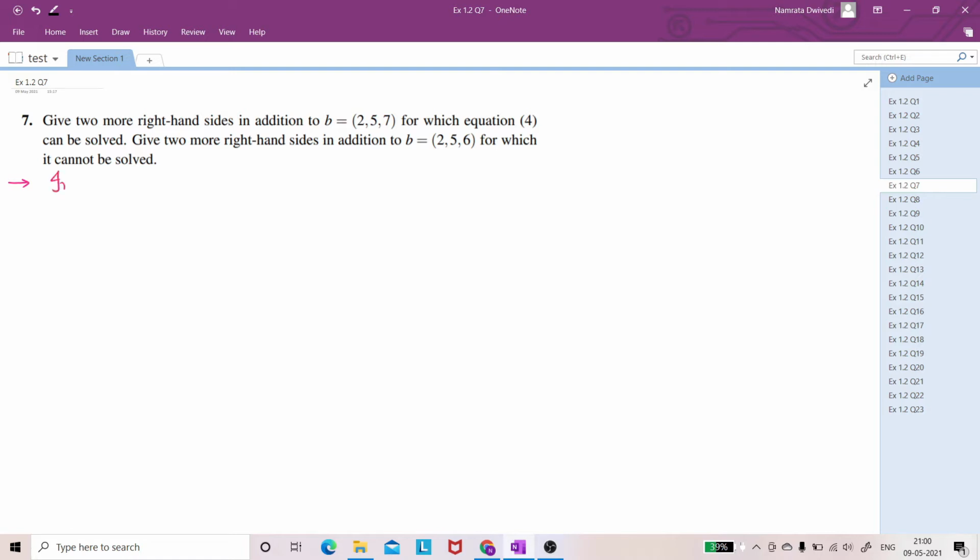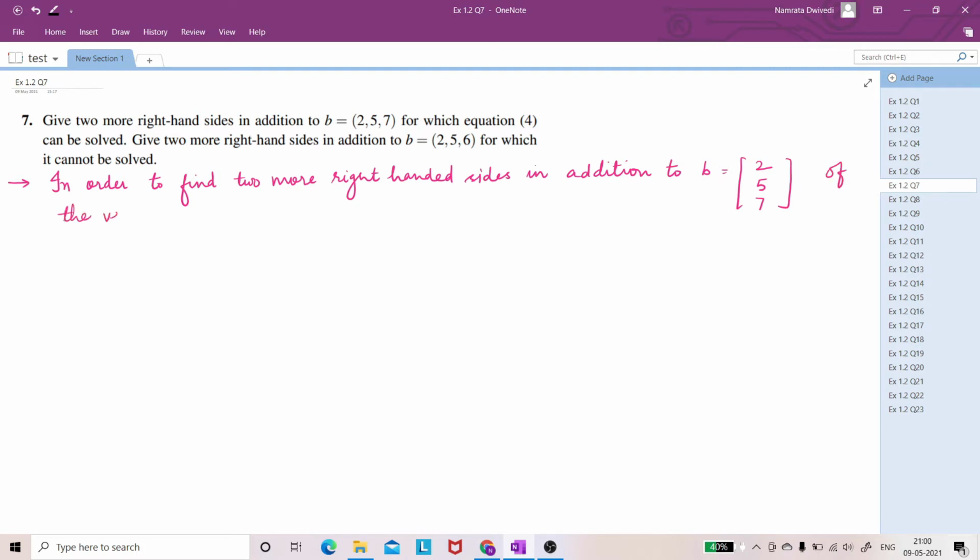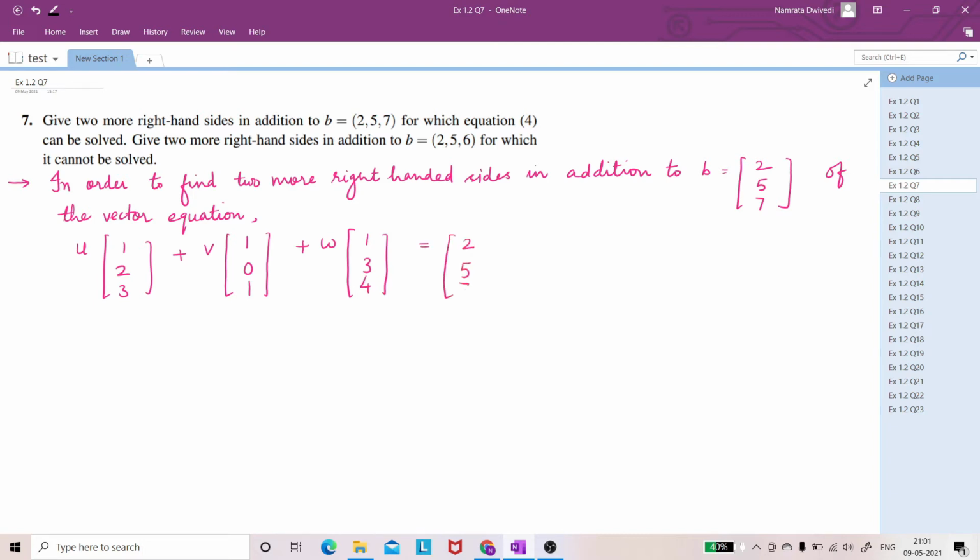So in order to find two more right hand sides in addition to b equal to (2, 5, 7), the vector equation is u times (1, 2, 3) plus v times (1, 0, 1) plus w times (1, 3, 4) equals (2, 5, 7).